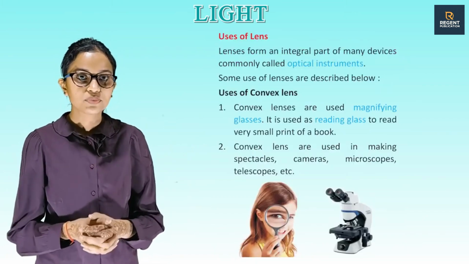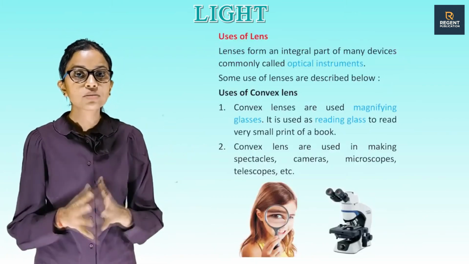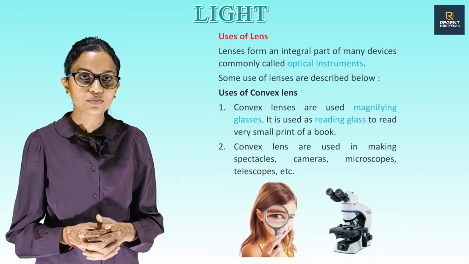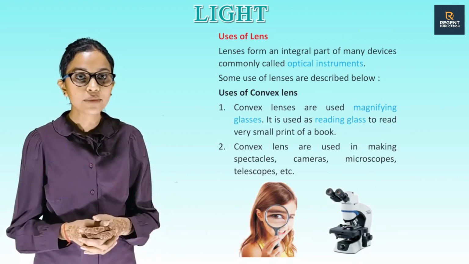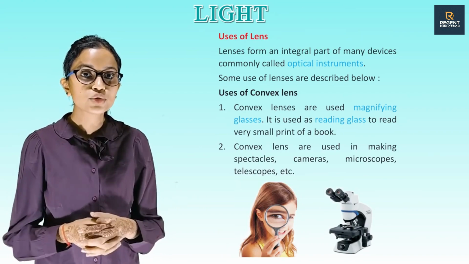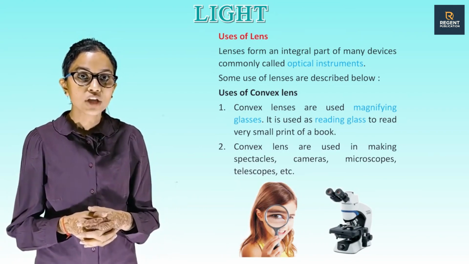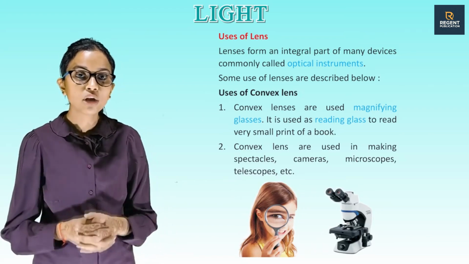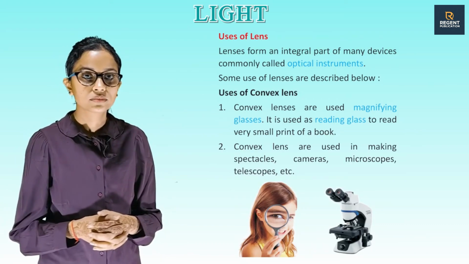Uses of lens. Lens forms an integral part of many devices commonly called optical instruments. Some uses of lenses are described below. Use of convex lens: convex lenses are used as magnifying glasses. It is used as a reading glass to read very small print of a book.